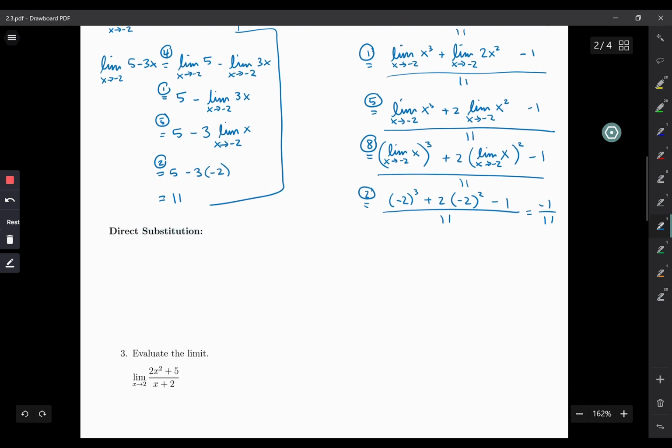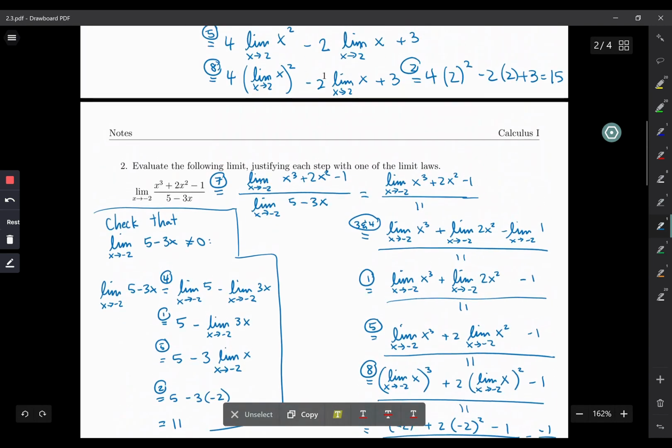So we are going to make a generalization that says that if f of x is a polynomial, and in fact, also if f of x is a rational function, so when I say a rational function, this means a ratio of two polynomials, so it's just like this function right here.